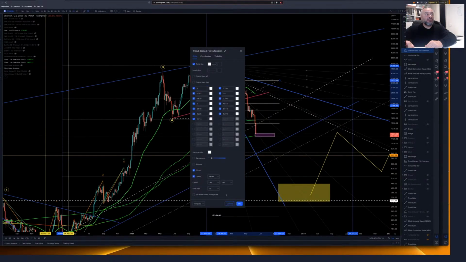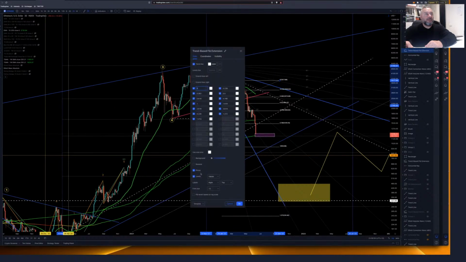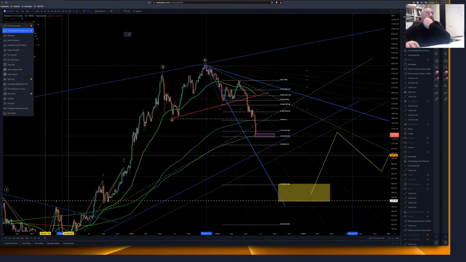Let's just do that. And up on the right. So one's there. The 1.414 is there. So to me that looks like a good level, because the 1.414 is pretty much good enough. But like I said, it's only a short term.